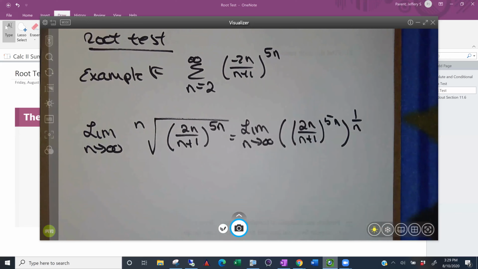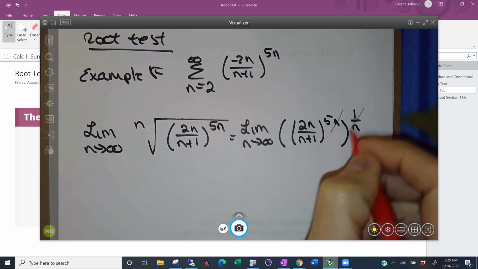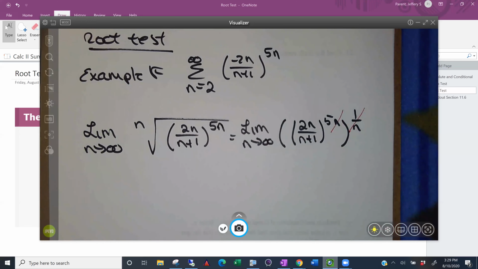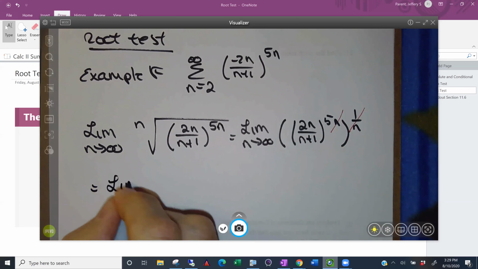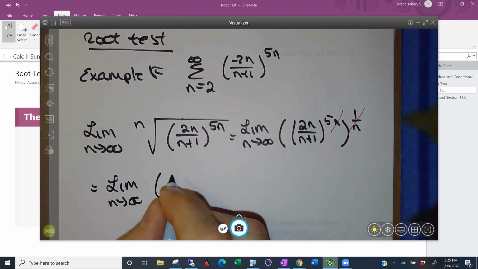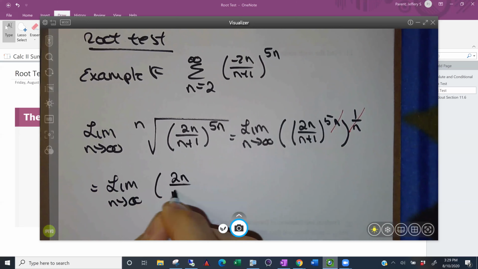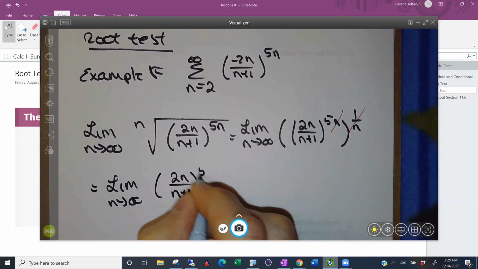Now, why did I do that? Well, I did that because those are going to cancel. And that's what I wanted to get to. So the limit as n approaches infinity of 2n over n plus 1 to the 5th power.